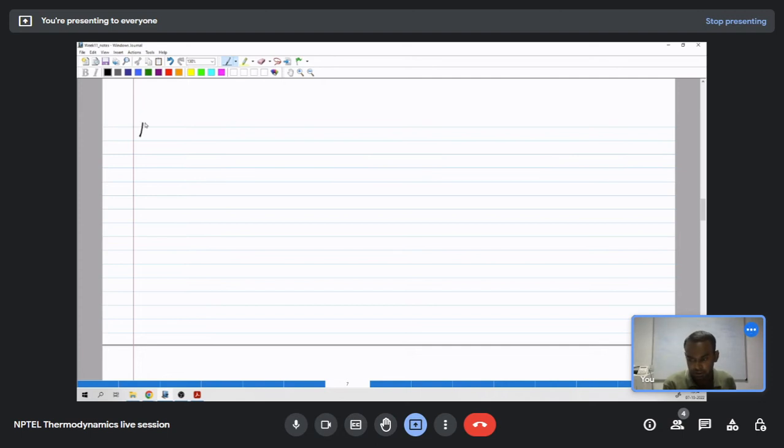So to calculate delta S 1, 2, 3, which is S3 minus S1, we have Cp into ln, I would start with the 1 to 2, so ln T2 by T1 plus R ln of P2 by P1.